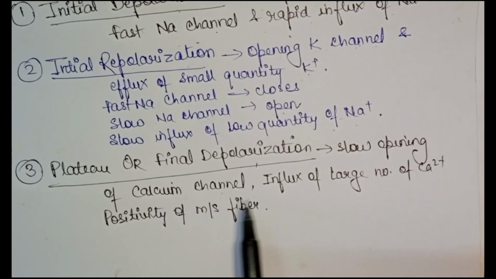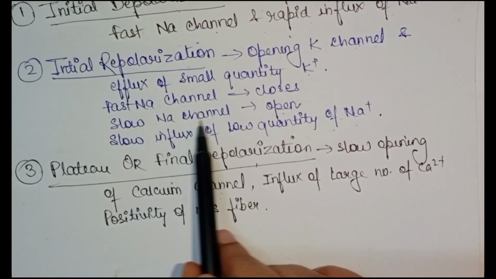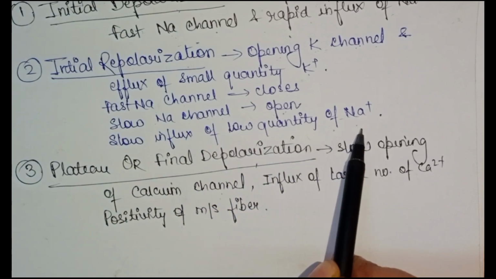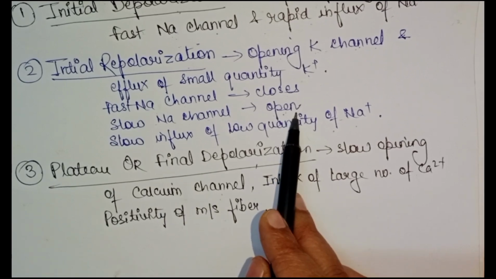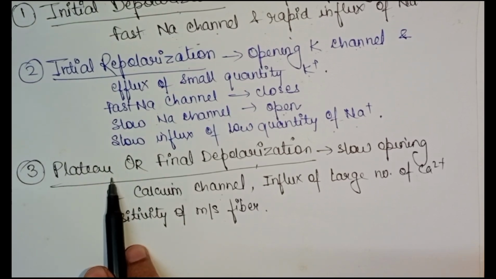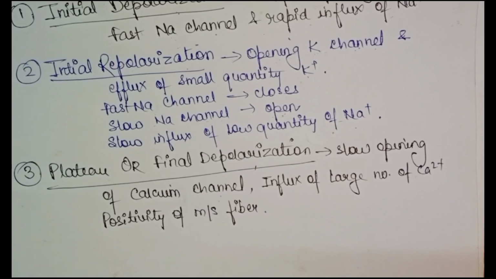Due to the slow opening of calcium channel, there is a large influx of calcium ion, and the slow sodium channels are already open, and there is a slow influx of low quantity of sodium. Because of the entry of calcium and sodium ions, the positivity of muscle fiber is maintained, producing prolonged depolarization, that is the plateau in the graph. And calcium ion entering the muscle fiber plays an important role in the contractile process.